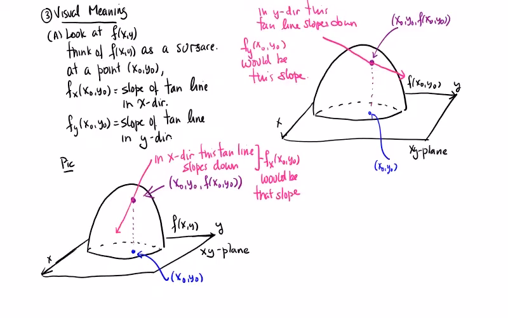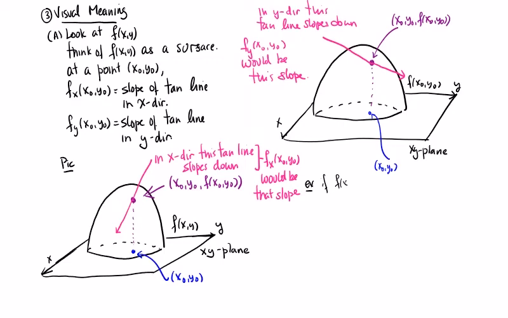So what we're doing is getting the slopes of two tangent lines. One is in the positive x direction, one is in the positive y direction. Let's go through an example. It's a hard problem to draw a graph of, especially if the graph is not something pretty.